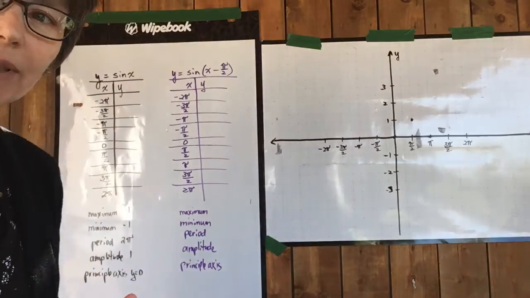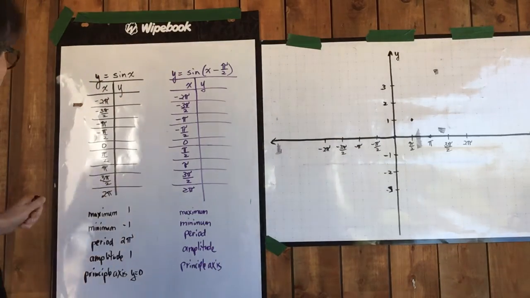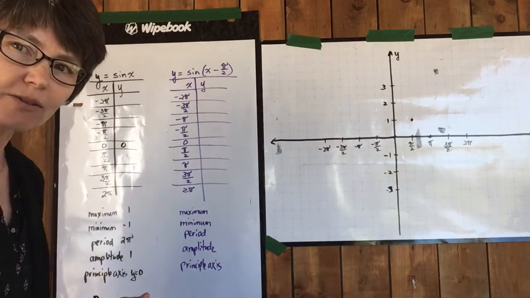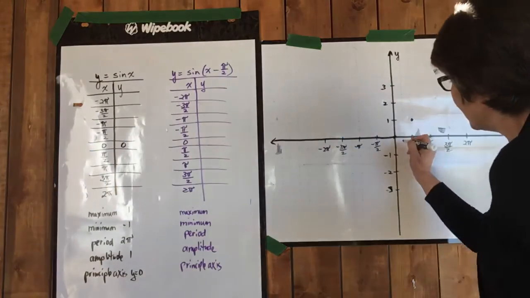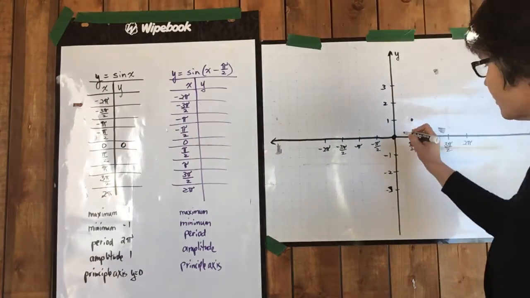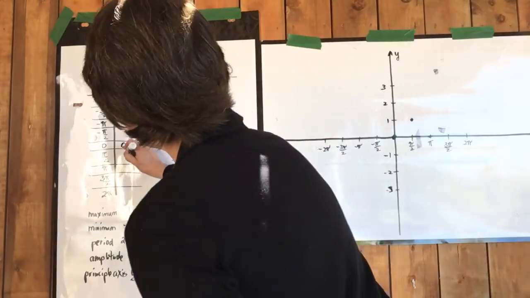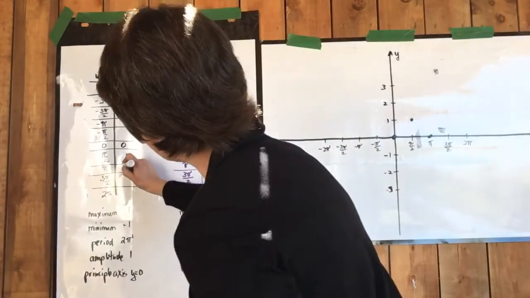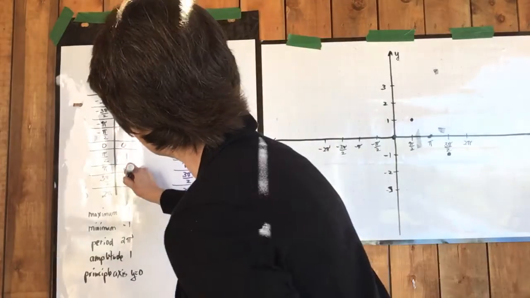Alright, so we start with our usual, we've got y equals sine x, all the information that we have on here. Hopefully you're getting used to the pattern that exists with y equals sine x. In other words, that you're starting to become familiar. It goes through the origin, at pi over 2 it's at 1, then it goes through the x-axis at pi, and down to -1 at 3 pi over 2.